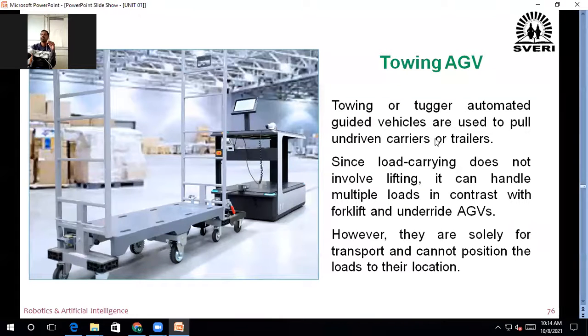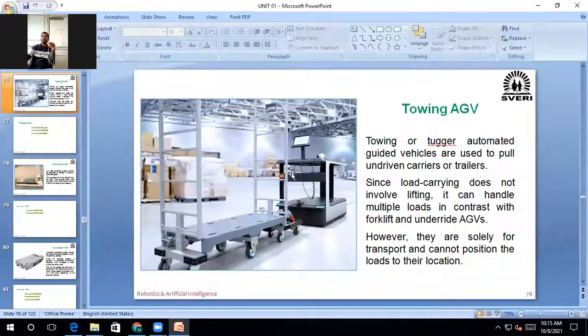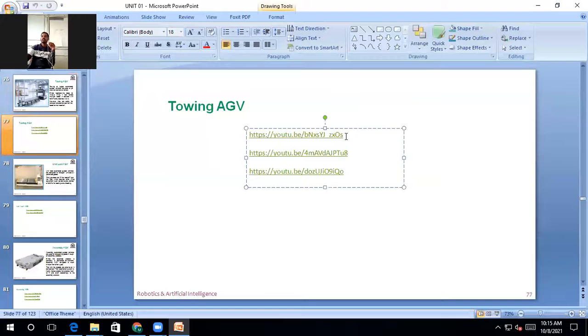However, they are solely for transport and cannot position the loads at their location. Okay, these AGVs are used to pull the trailer from one place to another place to carry that load. Now we will see how actually these robots or small vehicles pull those trailers.